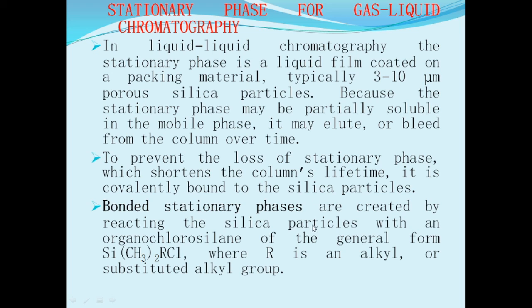Bonded stationary phases are created by reacting the silica particles with an organochlorosilane of the general form Si(CH3)2RCl, where R is an alkyl or substituted alkyl group.